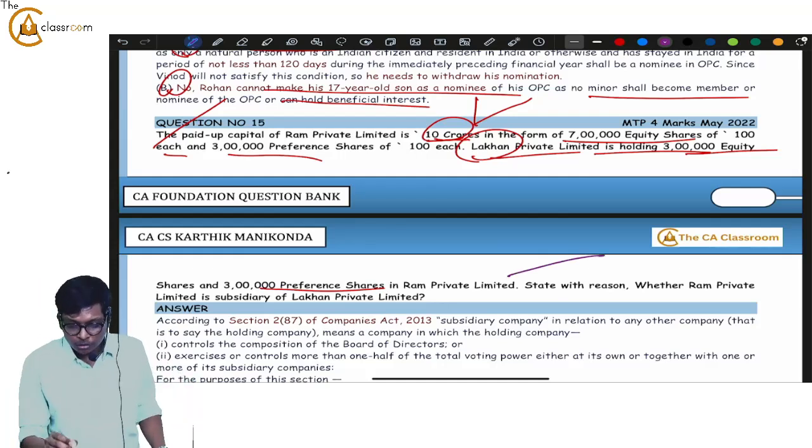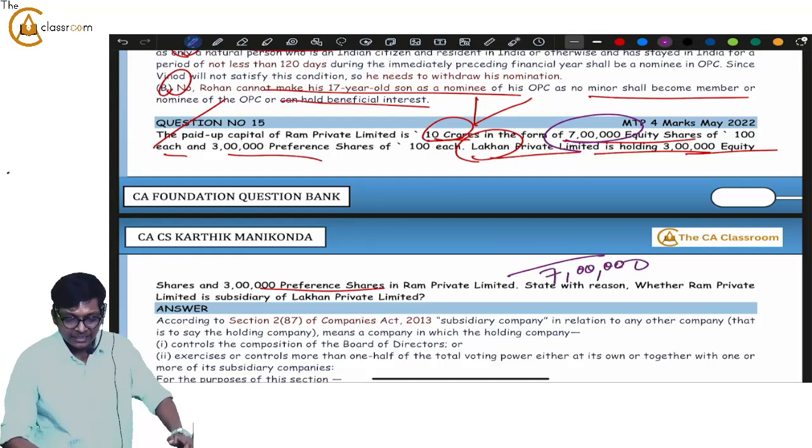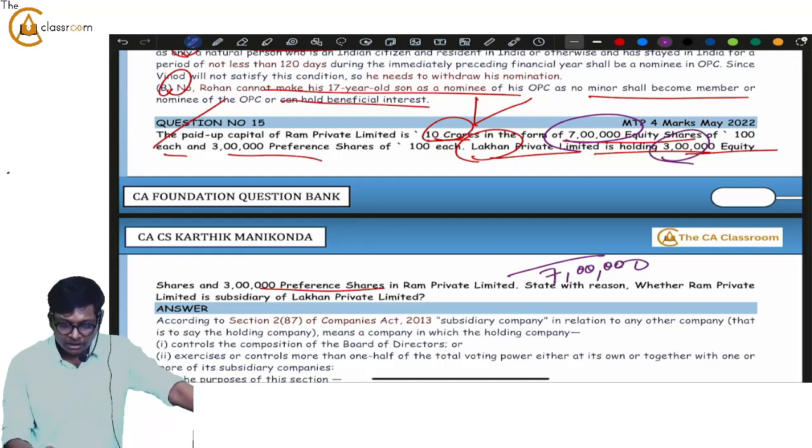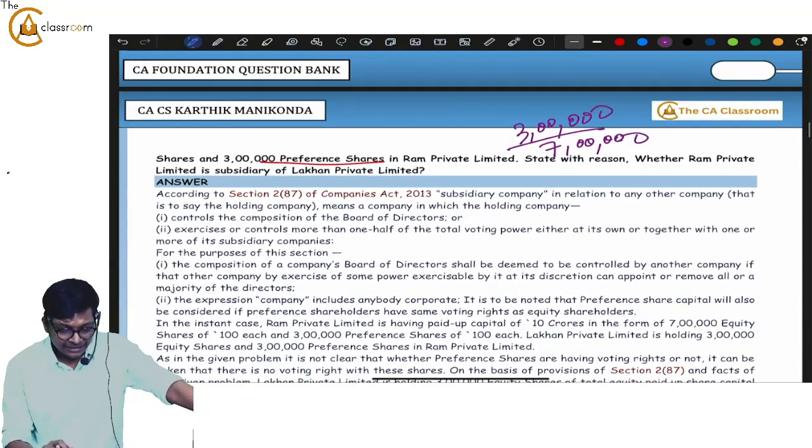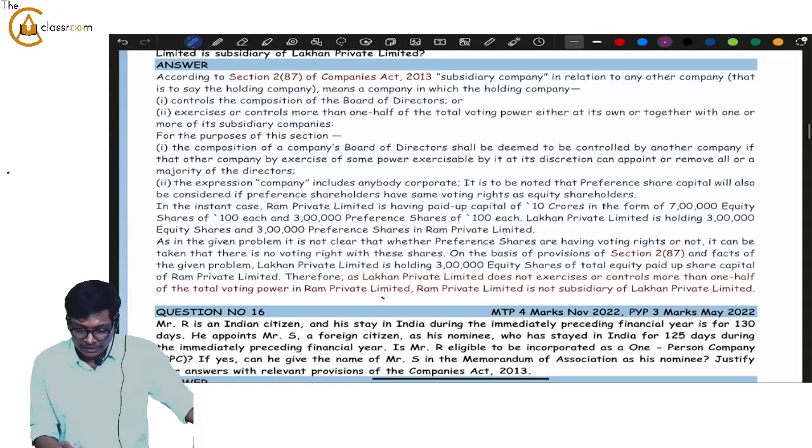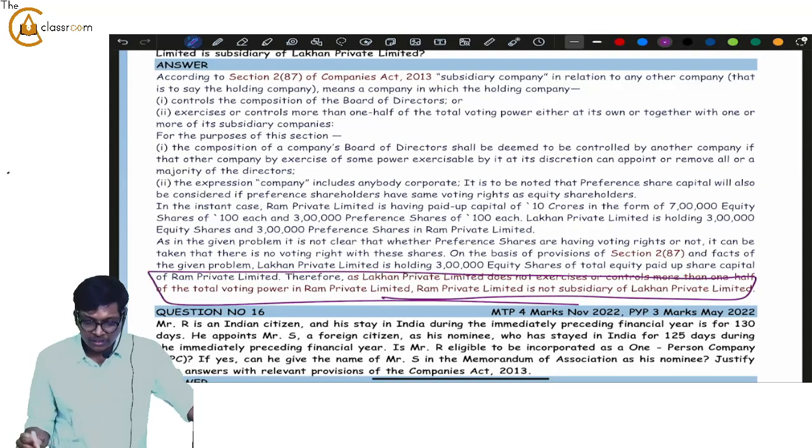Here, what is the total equity shares? 7 lakhs, correct? In that, Lakhan is holding how much? 3 lakhs. Is this more than half? No, it's less than half. Therefore, it is not a subsidiary of Lakhan.